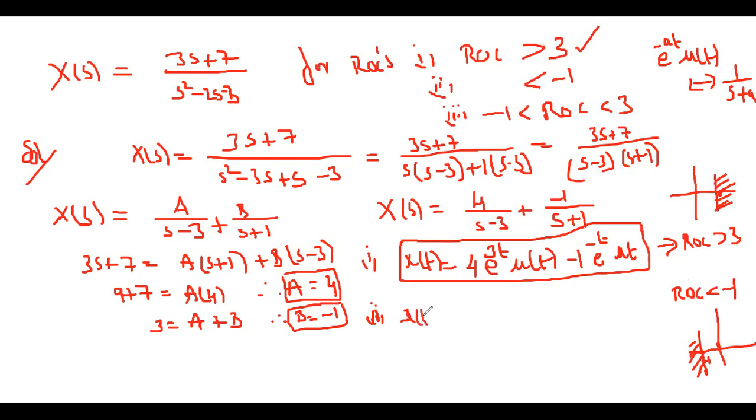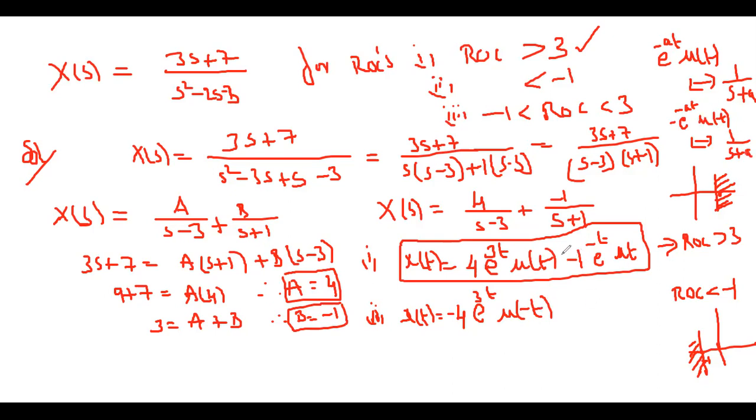So x of t is equal to 4 and s minus 3 means e power 3t, but it is not the positive mu of t, it is mu of minus t. And with that mu of minus t, here you can keep the minus also. Minus into e power at, if it is minus e power minus at mu of minus t, the Laplace transformation is 1 by s plus a. But the ROC is different for this one.